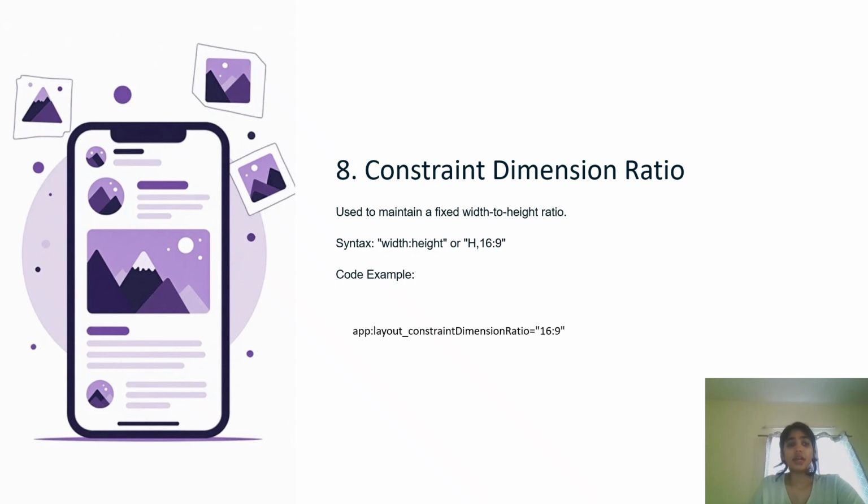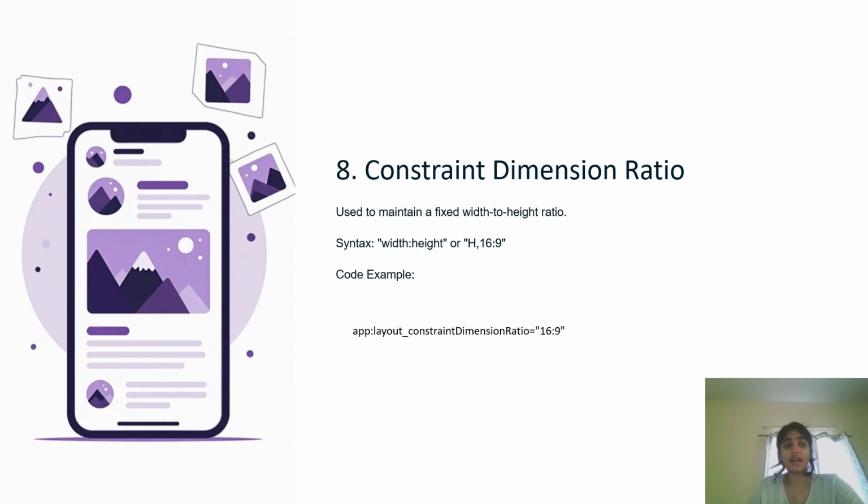Then we will discuss constraint dimension ratio, used to maintain a fixed width to height ratio. The width to height ratio is 16:9, that is the ratio which we'll describe in the code. App layout constraint dimension ratio is an attribute used to maintain a fixed width to height ratio for the view.